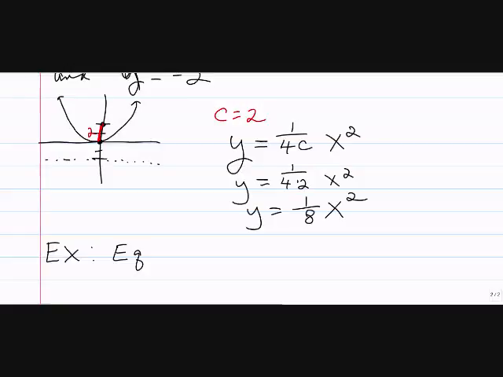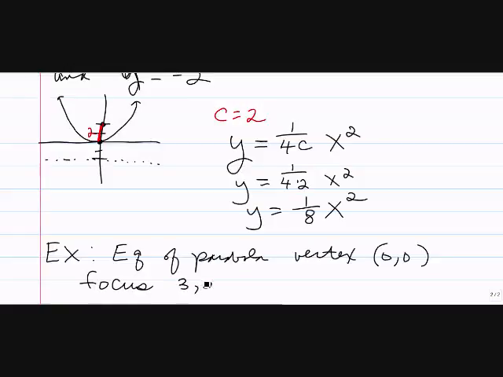Okay? So let's make the equation of a parabola with the vertex at 0, 0, and the focus at, let's go 3, 0.